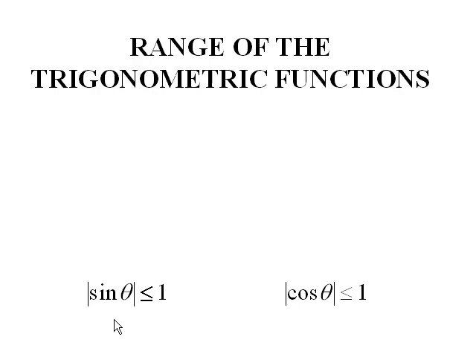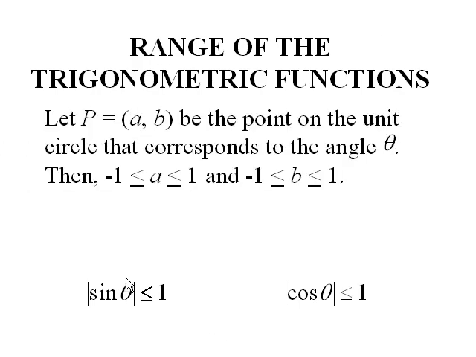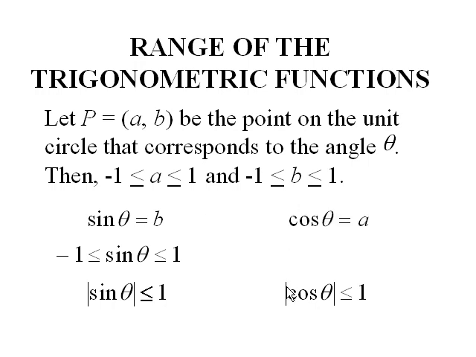The range for the trig functions for sine is guaranteed to be less than or equal to 1 in absolute value, because the x coordinate of the point on the unit circle is between -1 and 1. Similarly, the y coordinate is between -1 and 1, and the y coordinate is the restriction that tells you about the sine function.